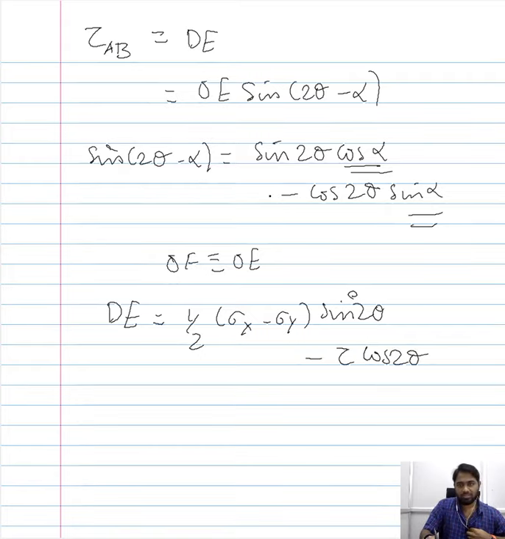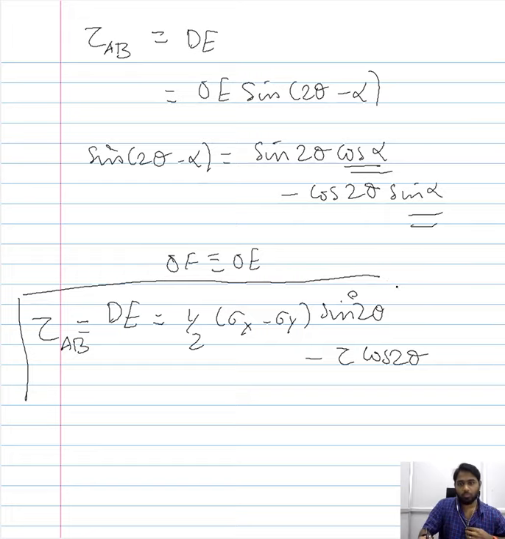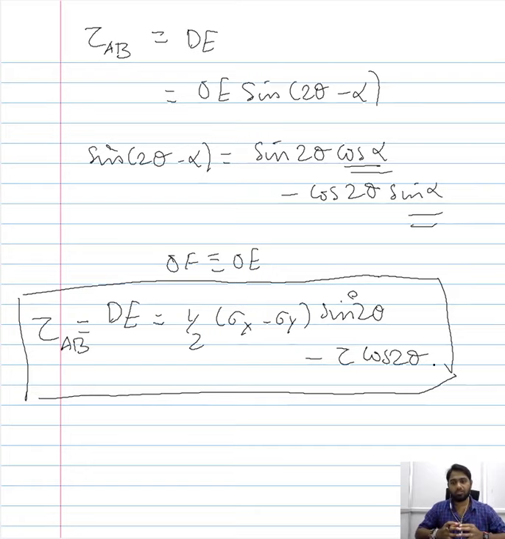So when you use this trigonometric relation, substitute it here and get rid of the cos alpha and sine alpha terms, you will be able to arrive at an expression for DE that is equivalent to the shear stress acting along the region AB. So what we have essentially done is expand our understanding of the Mohr circle, and using the Mohr circle we were able to arrive at the set of expressions for the normal and shear components of stress acting along the inclined region in a three-dimensional plate that is experiencing mutually perpendicular stress and also a shear stress.